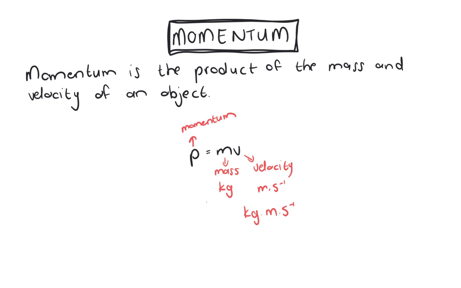So from this formula, we see that we multiply the mass, which is a scalar, with velocity, not speed, velocity, which is a vector. And that makes momentum a vector as well.